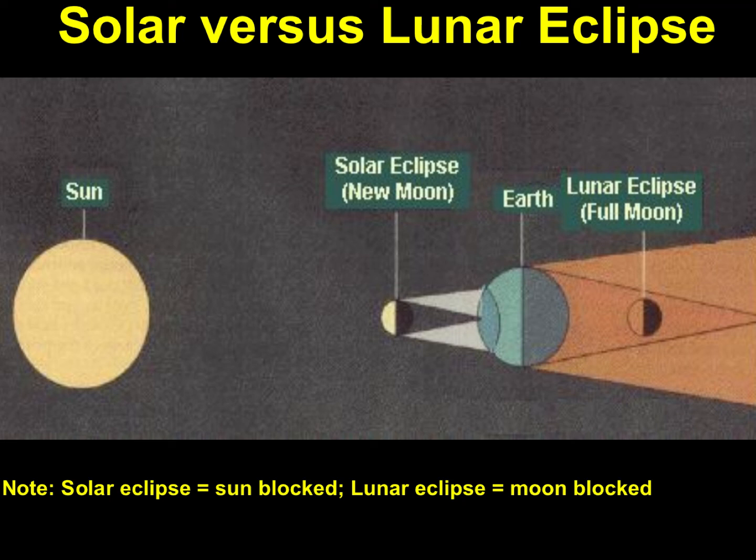Make sure you know the orientation of the three objects during each eclipse and how the light is being blocked. From the Earth's point of view, a solar eclipse looks dark because what we're seeing is the new moon. A lunar eclipse looks reddish from the light being bent through Earth's atmosphere.